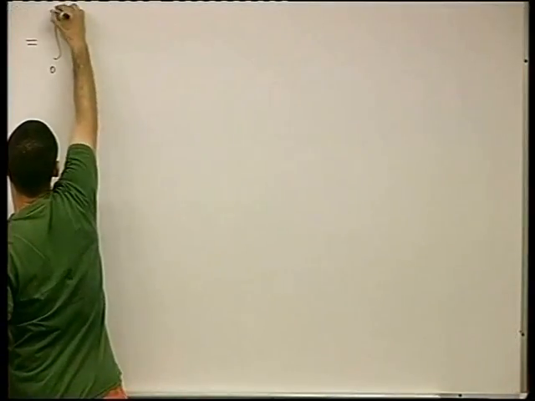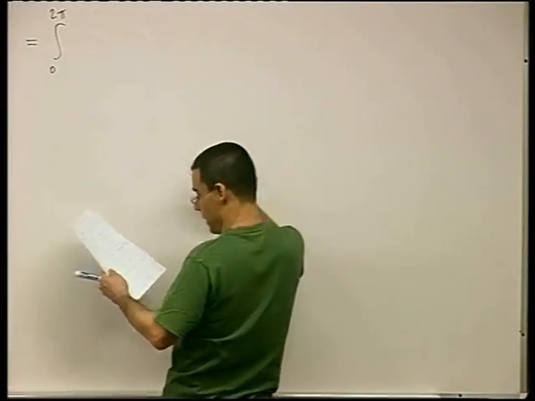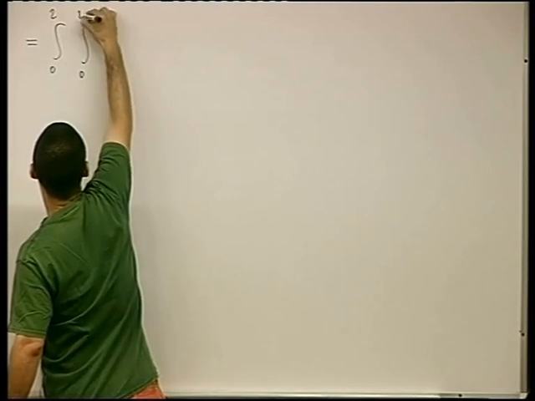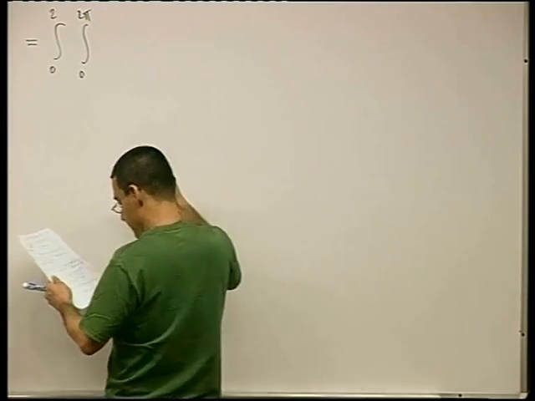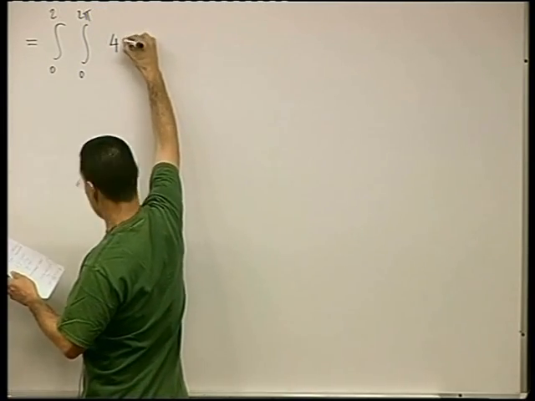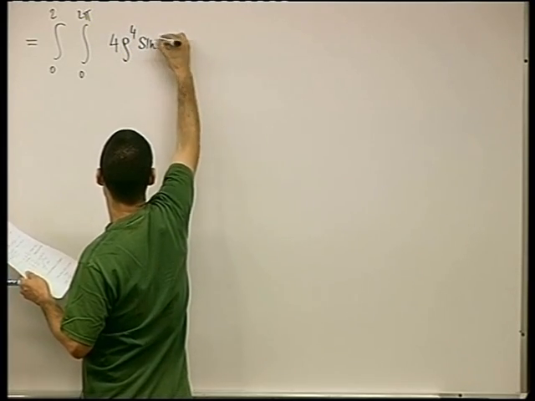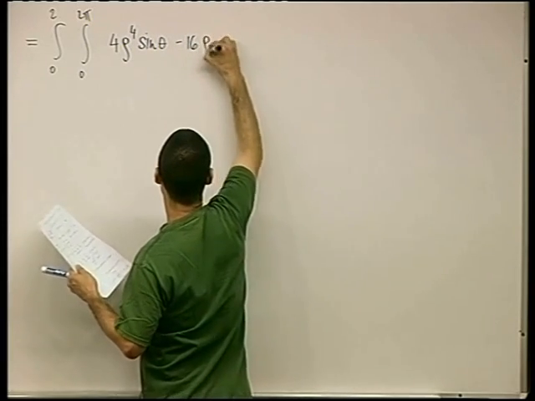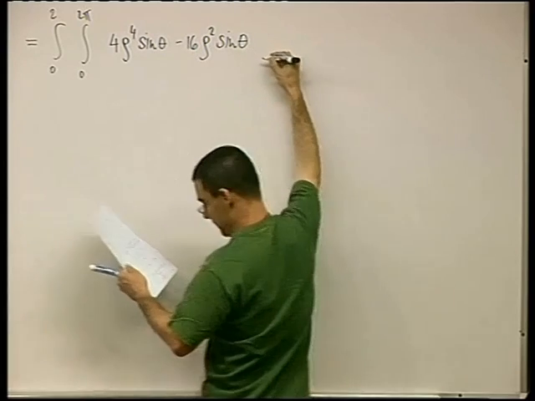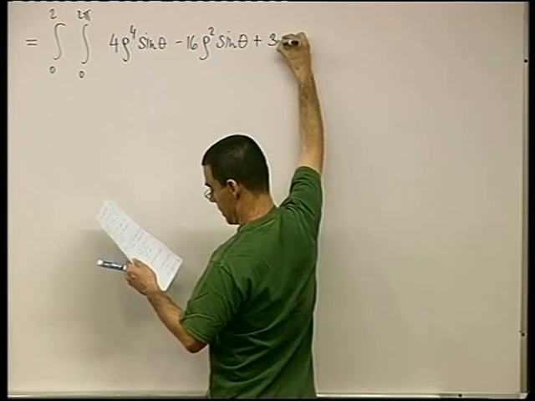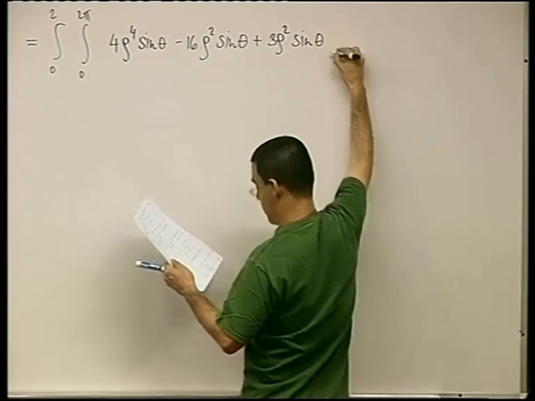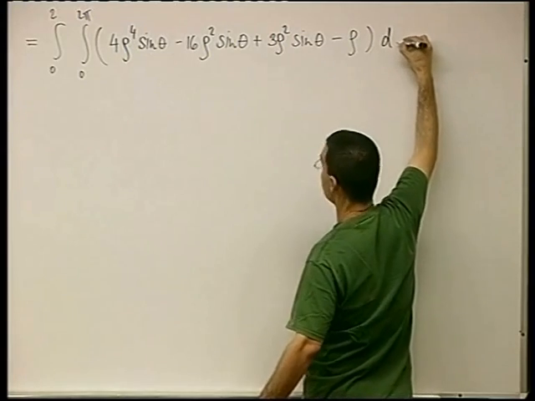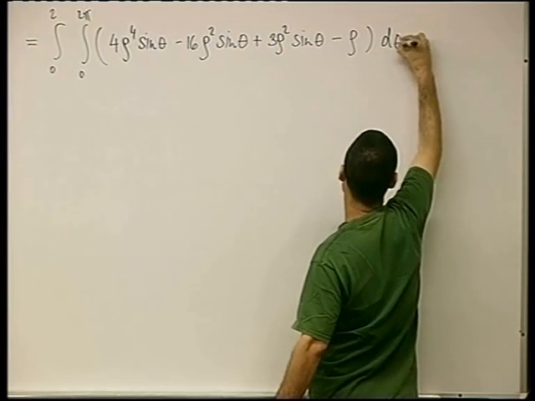From 0 to 2 pi, and from 0 to 2, what I got is 4 rho to the power 4 sine theta minus 16 rho squared sine theta plus 3 rho squared sine theta minus rho, d theta d rho.